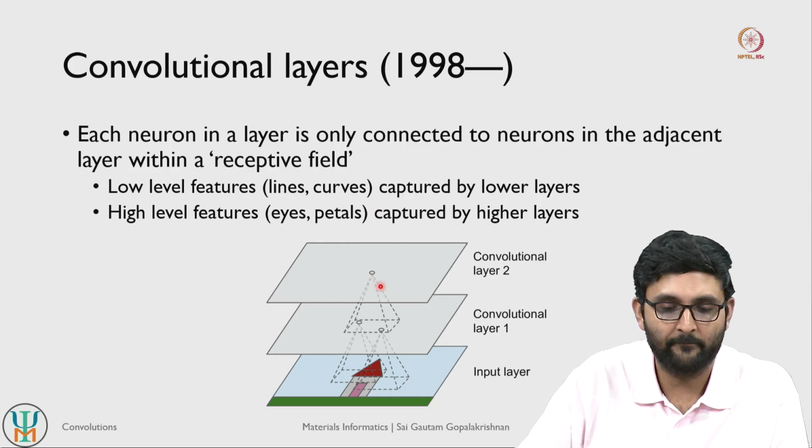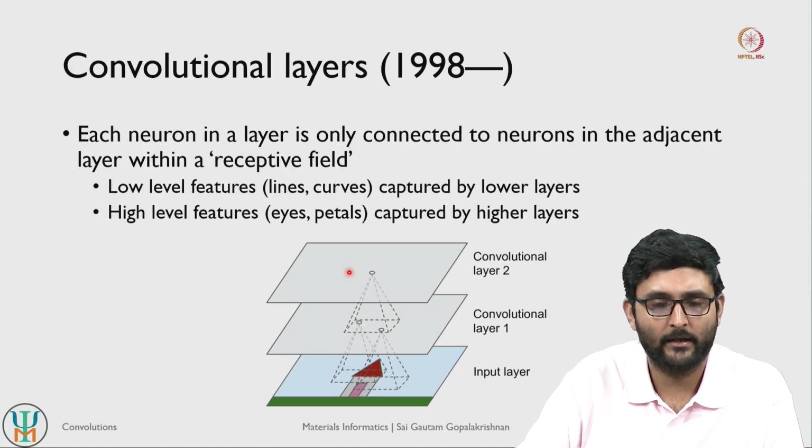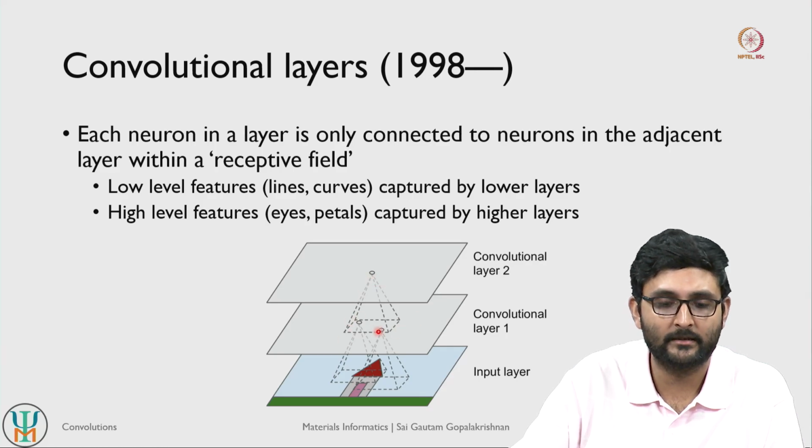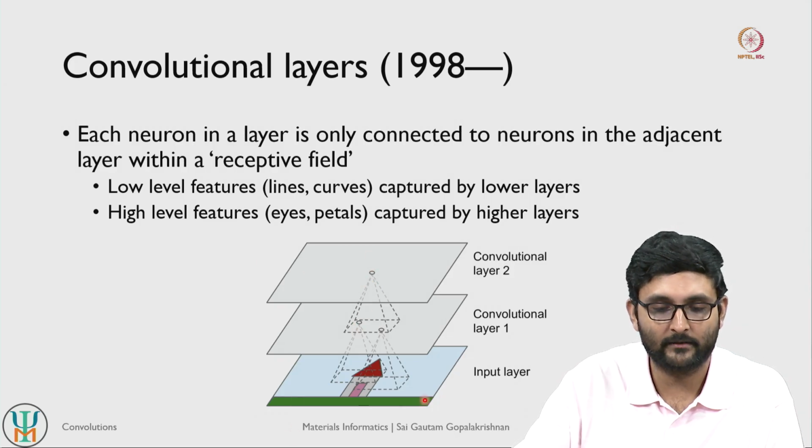Here, unlike in a dense neural network layer, each neuron is only connected to a certain number of neurons in its adjacent layer, and this number of neurons that it is connected to is referred to as the receptive field of this neuron. So for example, let us say this is the lowest layer, the input layer, this is the first hidden layer, and you have a bunch of neurons in the first hidden layer.